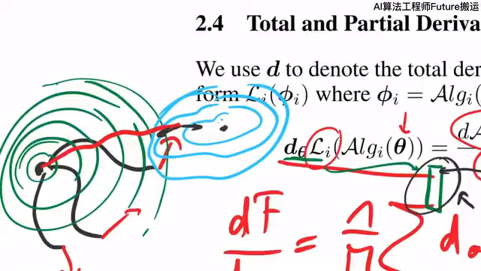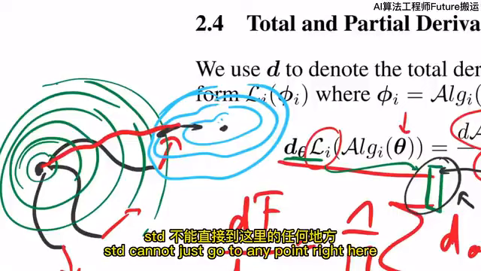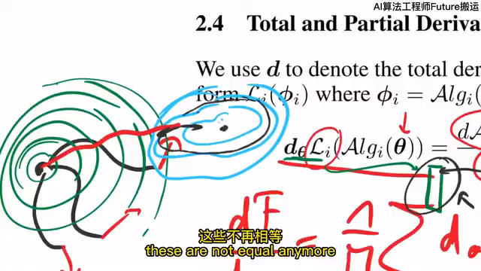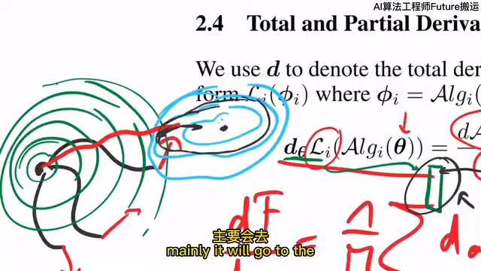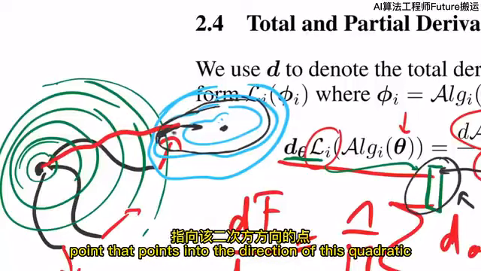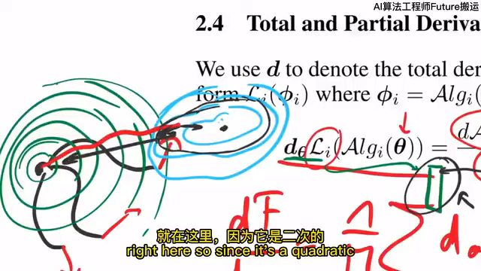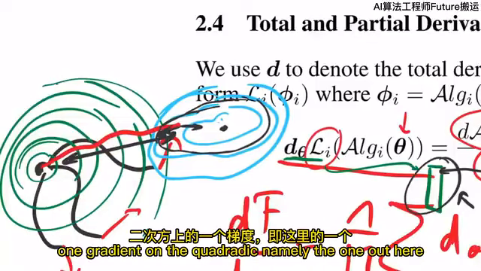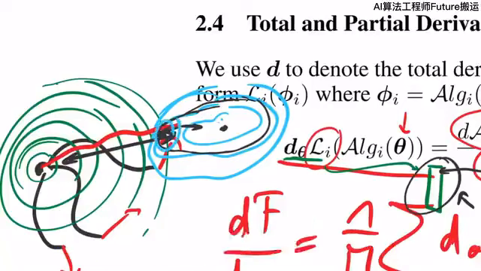And you can pretty much count. So now SGD cannot just go to any point right here. It cannot go to any isoline. These are not equal anymore. Mainly it will go to the one point that points into the direction of this quadratic right here. So since it's a quadratic, we have closed form formulas for relating one gradient on the quadratic, namely the one out here, with the gradient back here.